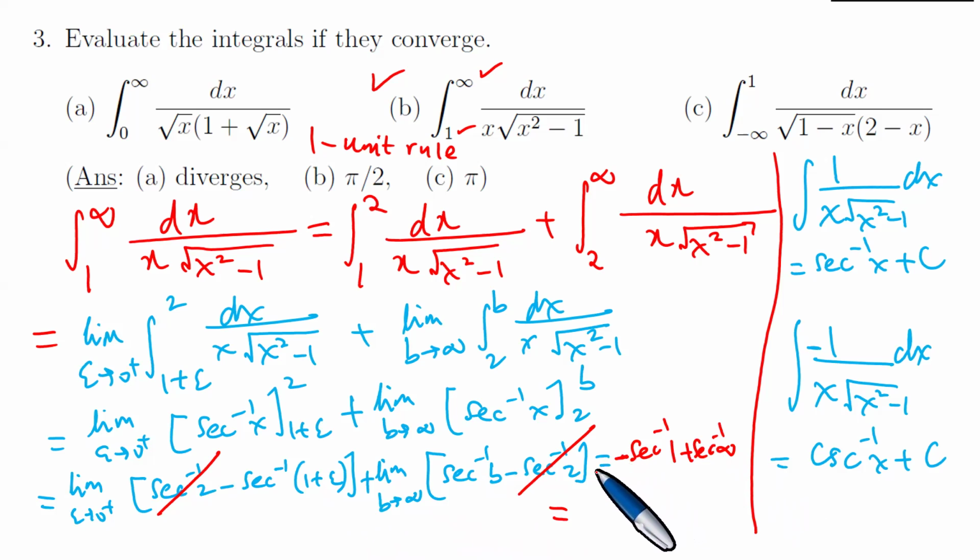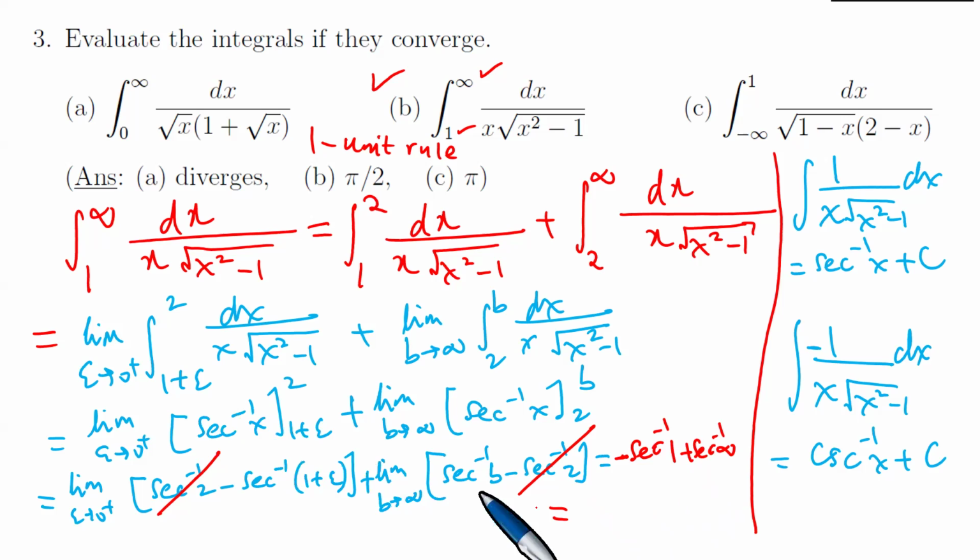What is arc secant of 1? There's a time when the secant is 1, and arc secant of 1 becomes 0.